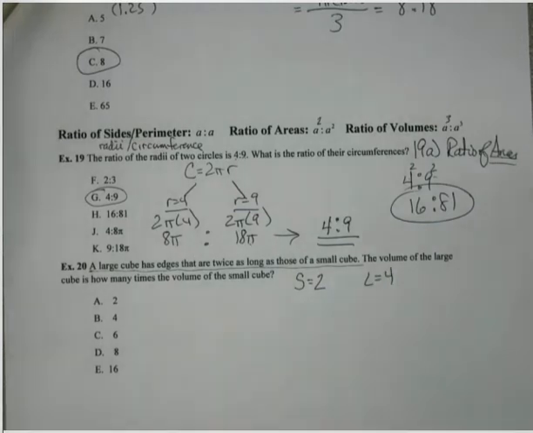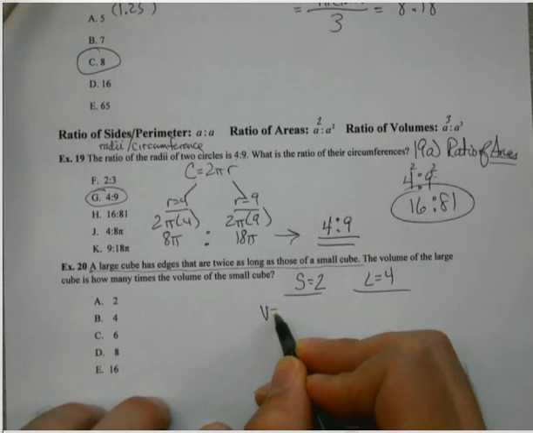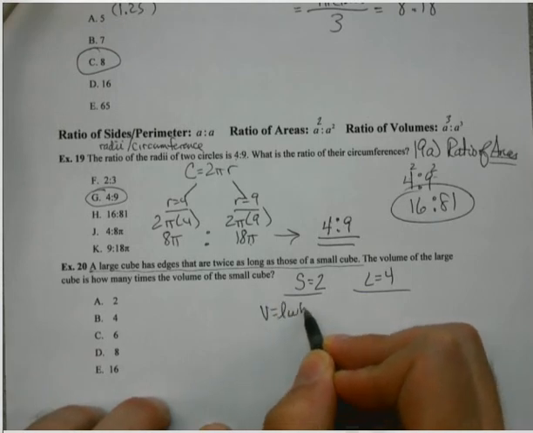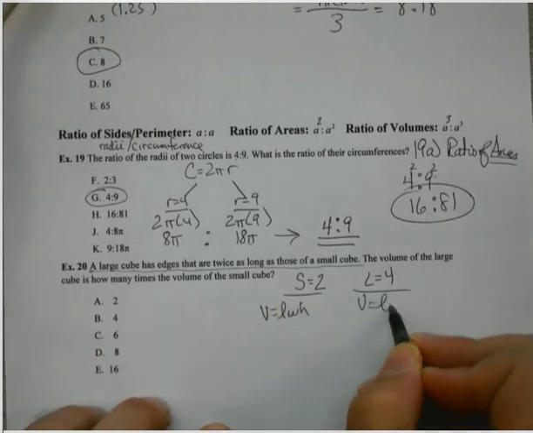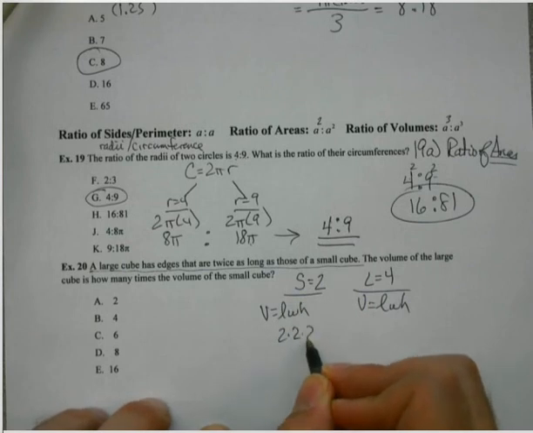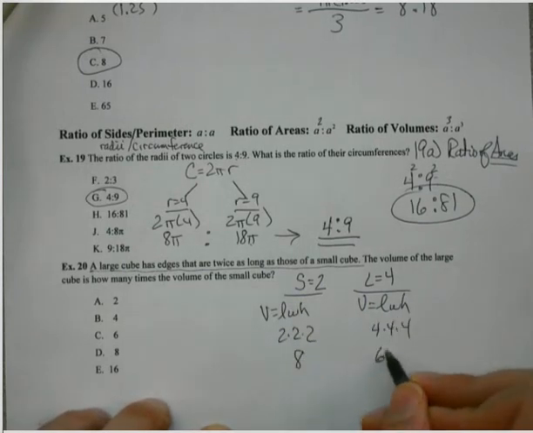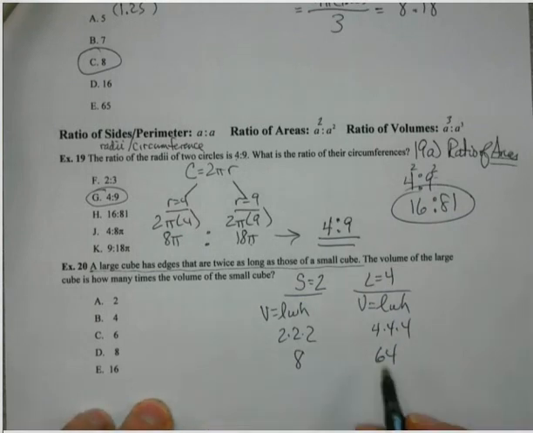And you could do 3 and 6, 1 and 2, 5 and 10, 1.5 and 3 if you're feeling kind of tricky. So let's look at it this way. Volume is length times width times height. 2 times 2 times 2, or 2 cubed, is 8. 4 times 4 times 4, or 4 cubed, is 64. How many times bigger is 64 than 8? 8.